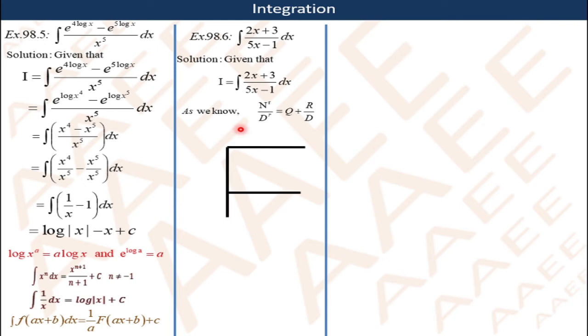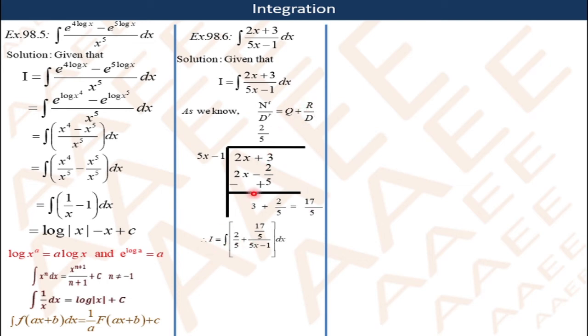So let us do this: the numerator will be divided by 5x minus 1. To divide this, you are supposed to multiply by 2 by 5, so that 5x into 2 by 5 is 2x, and 1 into 2 by 5 is 2 by 5. So we subtract, the 2x will get cancelled, and this one will be 3 plus 2 by 5, that is 17 upon 5.